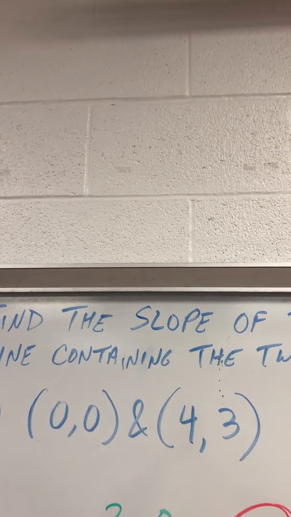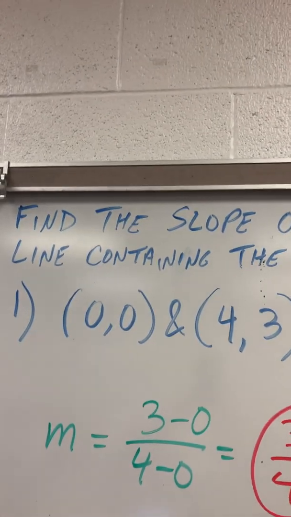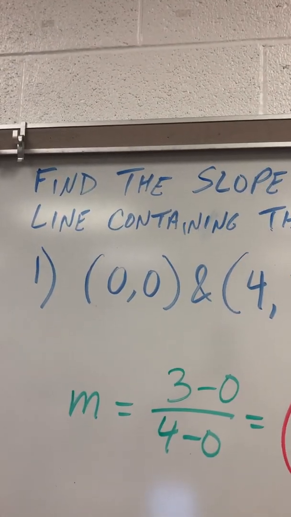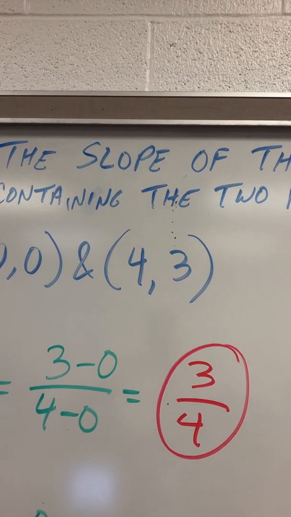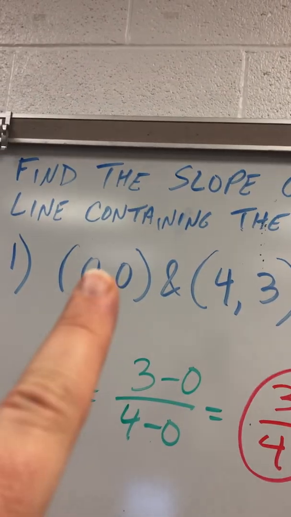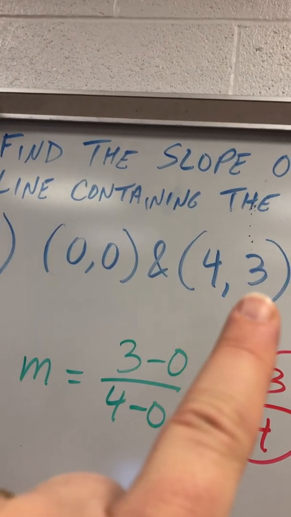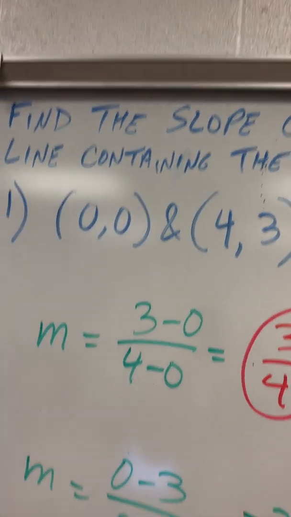Well, y2 minus y1 over x2 minus x1. 3 minus 0 over 4 minus 0 gives me 3/4. By the way, if you did this first, if you did 0 minus 3 over 0 minus 4, will it still give me the same answer?